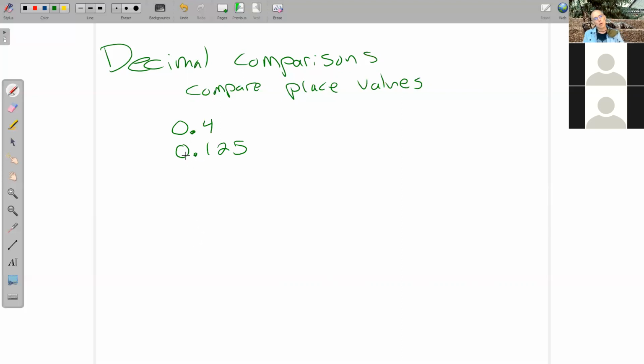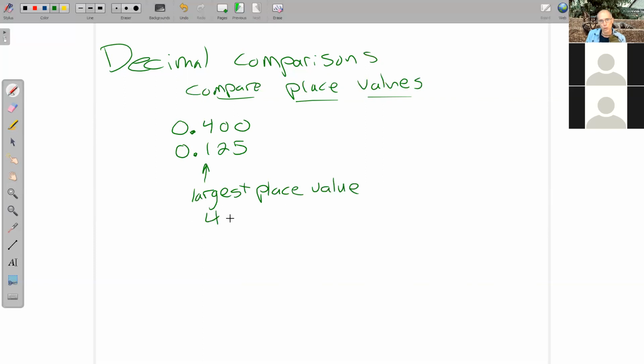Now, if we just talk about 0.4 and 0.125, that can give kids some misleading views. Like the 125 is 125 maybe, and 125 is bigger than 4. But when we do those comparisons, we have to compare pretty much all the place values. And I can see that in the largest place value, which is in this case the tenths, right?